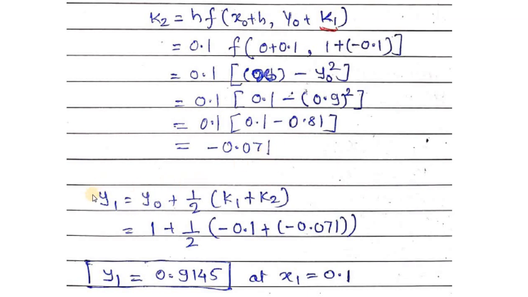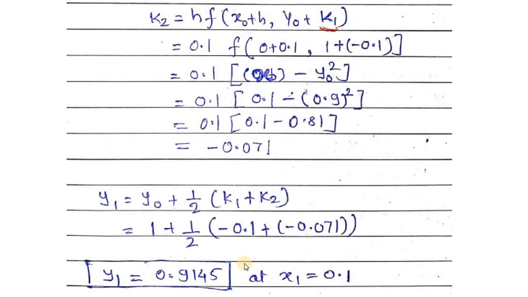Using RK2 formula, y1 equal to y0 plus 1 by 2 (k1 plus k2), y0 is 1 plus 1 by 2, k1 is minus 0.1 and k2 is minus 0.071. We'll get y1 equal to 0.9145 at x1 equal to 0.1.